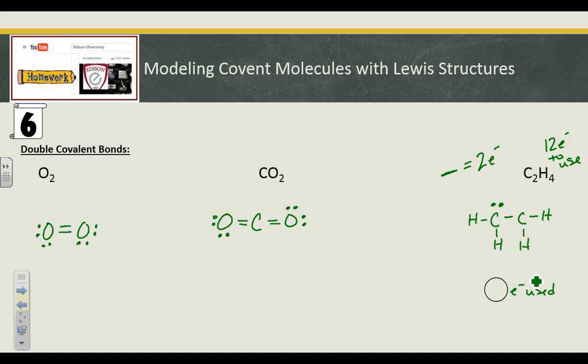Cool, yay, I'm done, right? Well, not quite, because I got to check my octets and duets. Hydrogen's happy because it has 2 electrons in the chemical bond that it's sharing with neighbors. This first carbon here is all set, 2, 4, 6, 8 electrons around that one, but this one, no good on that carbon. So what do we do?